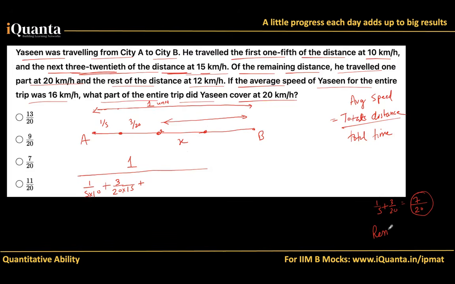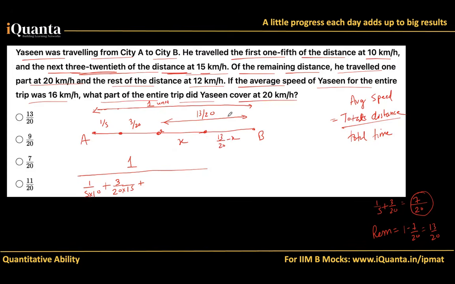So what do we remain with? We remain with 1 minus 7 by 20, because total distance is 1. So 1 minus 7 by 20 is 13 by 20, isn't it? So 13 by 20 of the total distance, 1 unit, is still remaining. So let's say this is x. So remaining will be 13 by 20 minus x.